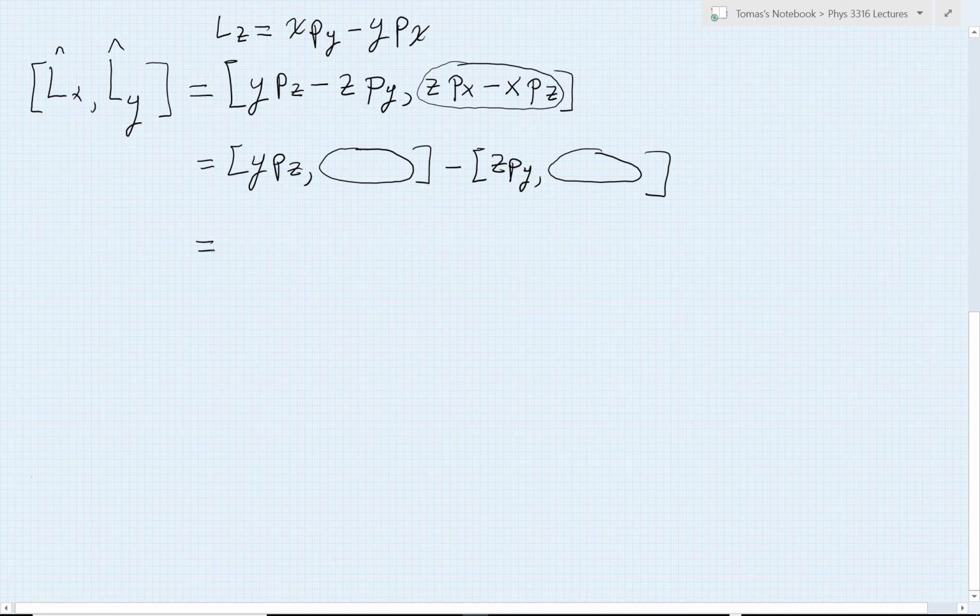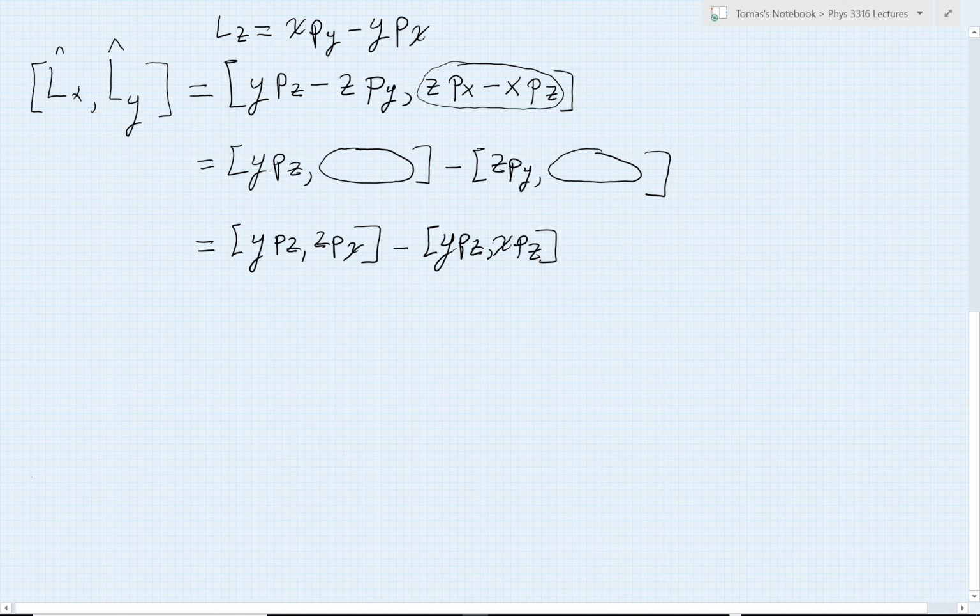So the first term will be ypz commuted with zpx. And then I have ypz commuted with xpz with a minus sign. So that would be minus ypz commuted with xpz.